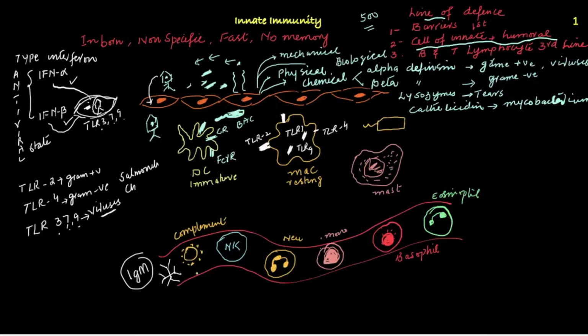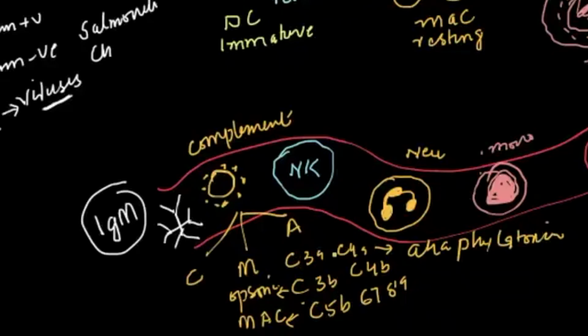The complement proteins are activated by three different pathways: the classical pathway, the mannose binding lectin pathway, and the alternative pathway, and they produce C3a, C4a, C3b. I will just write the important ones. This is called MAC formation. Now C3a, C4a, C5a are anaphylatoxins, while C3b, C4b are opsonins.